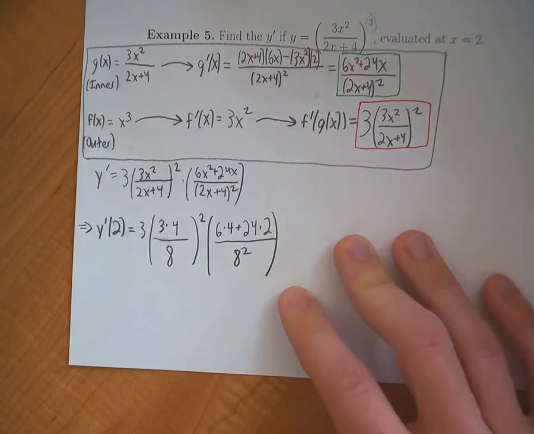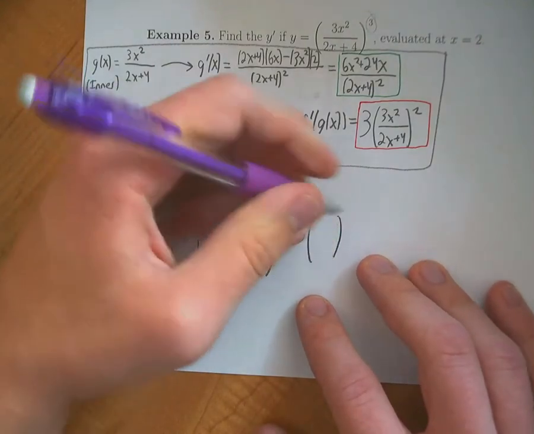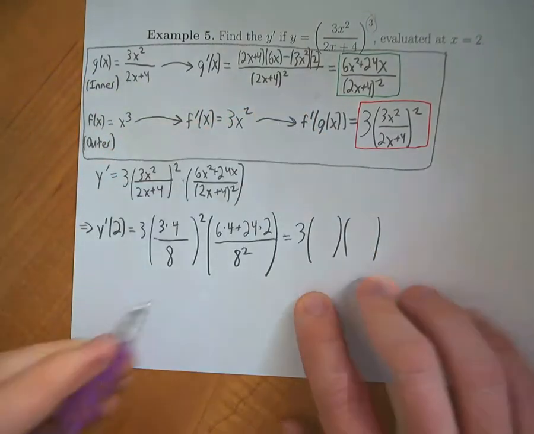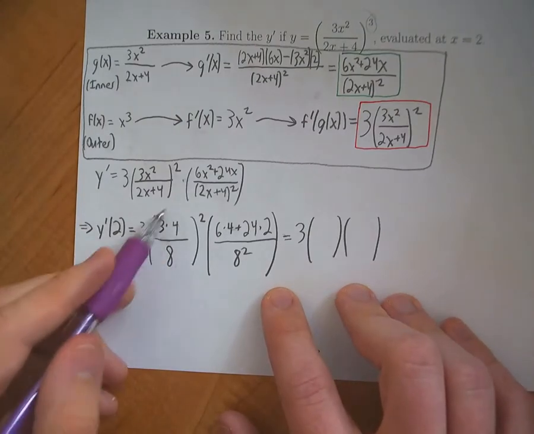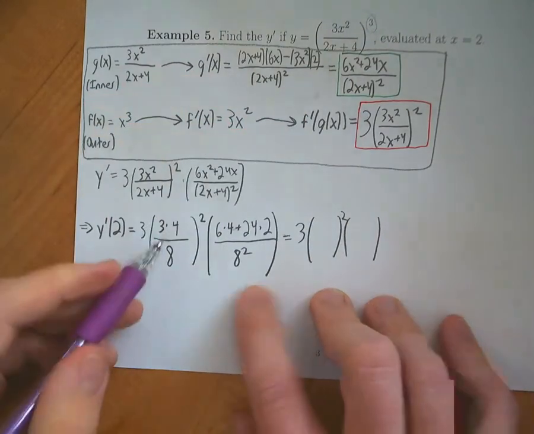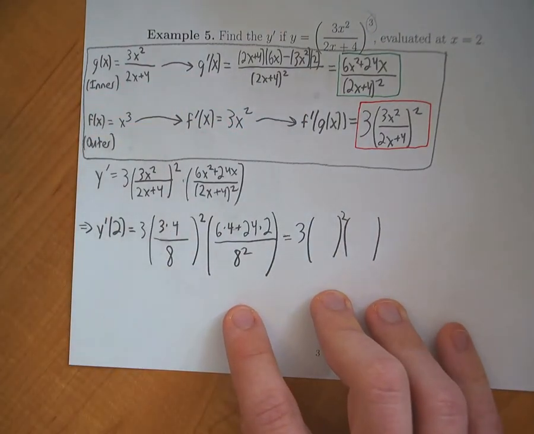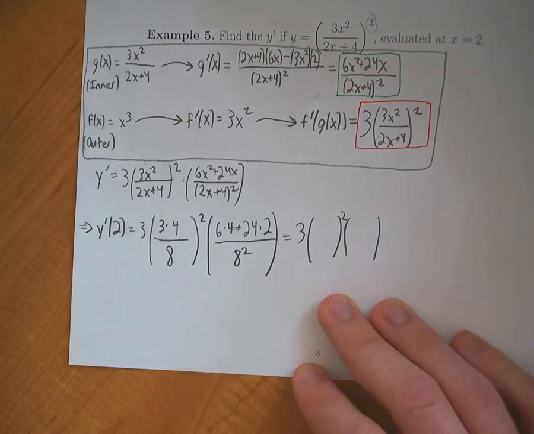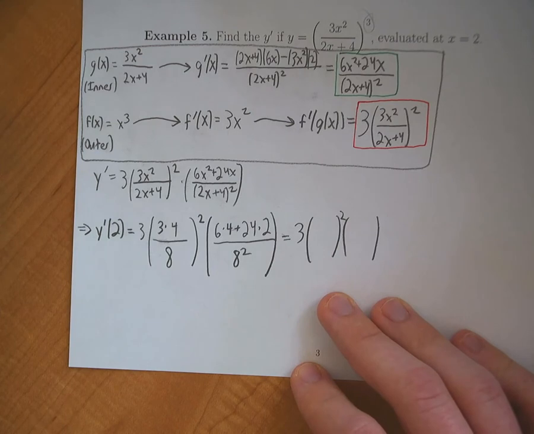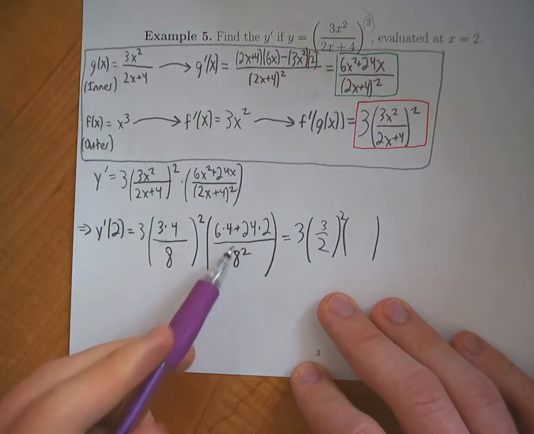So we have 3 times something and then times something. If we focus on what's going on here, we have 3 times 4 over 8. What fraction does that simplify to? 3 halves, good.